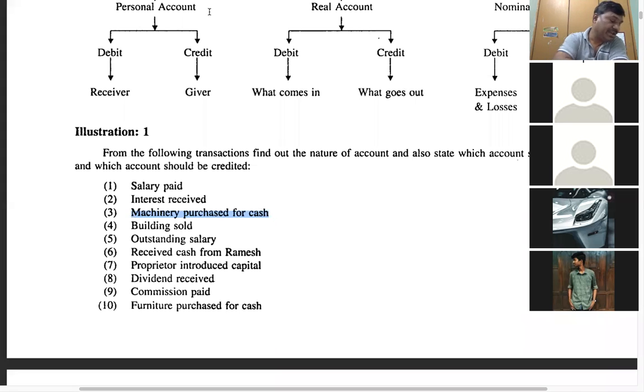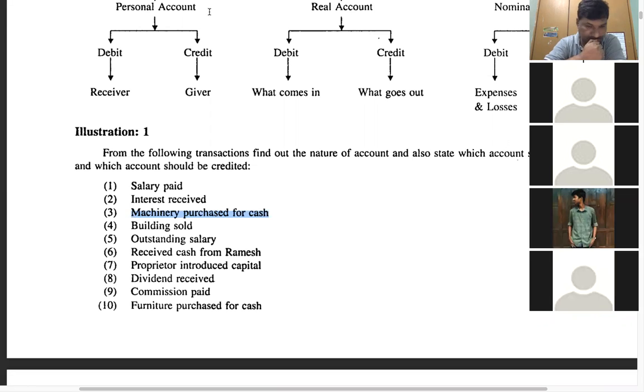Next is Brahmeshwar Reddy. Yeah, take the next one. Dividend received. Dividend is an income. This word is new for you, especially for those who are coming from non-commerce.